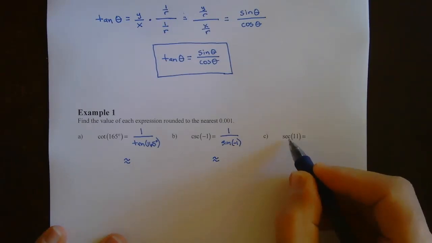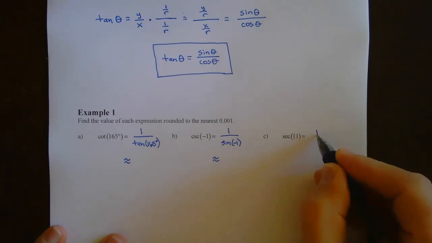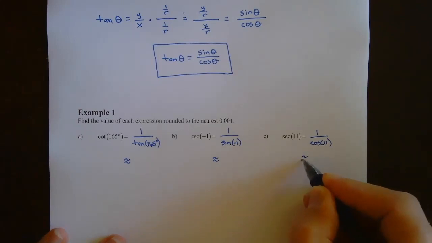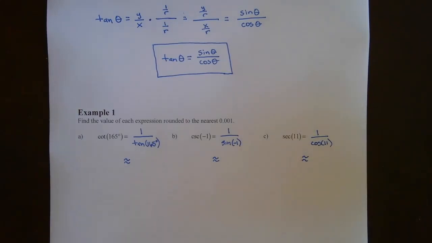Secant is the reciprocal of cosine. So this is 1 over cosine of 11 radians, okay? And we'll get an approximation for that. So I'm going to go to the calculator and put these in, and then we'll do it on Desmos too.